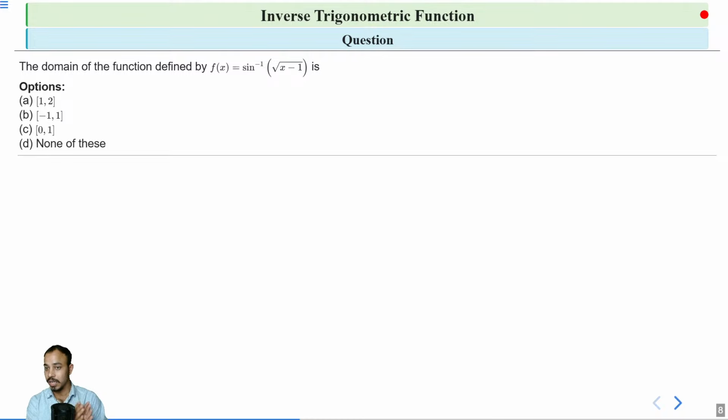So everyone try it on your own, and write your answer in the chat section. Which option is correct here? Everyone try it. Take your time and give your answer.